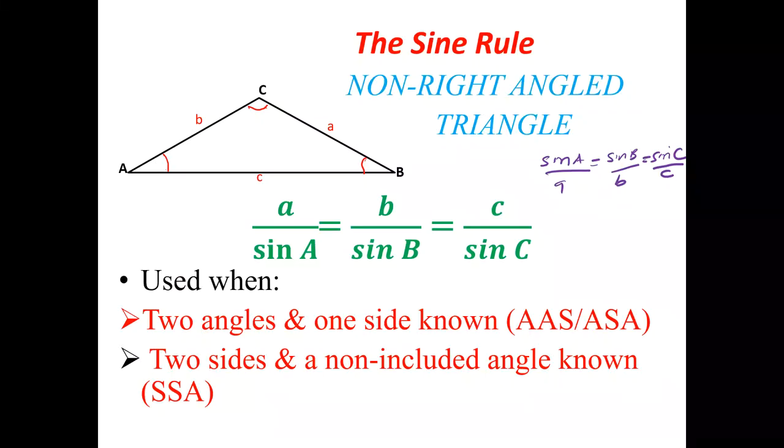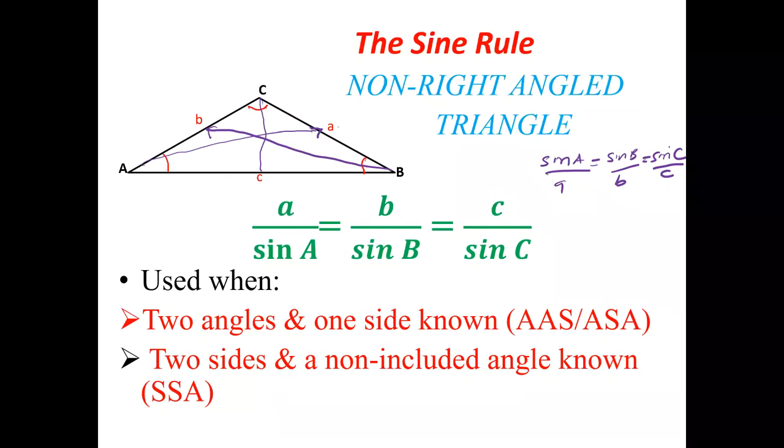The side opposite angle A is this one, and that's why you are seeing small a. The side opposite angle B is this side AC, and that's why you are seeing small b. And the side opposite angle C is AB, which is now small c.